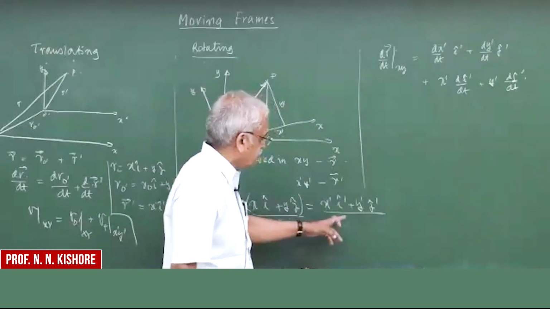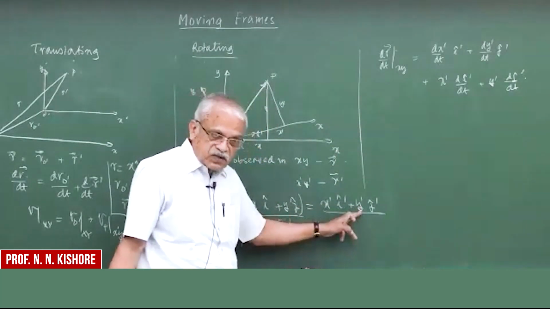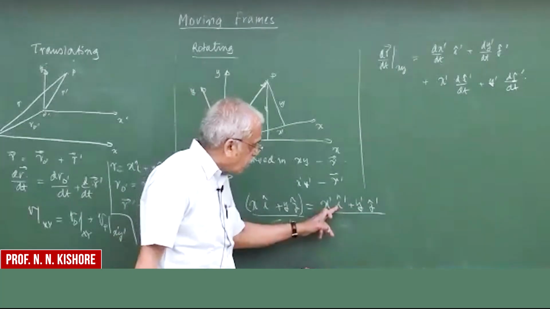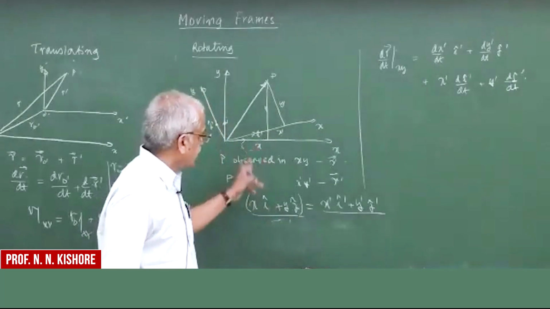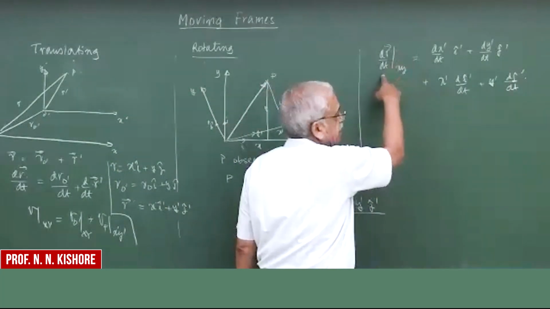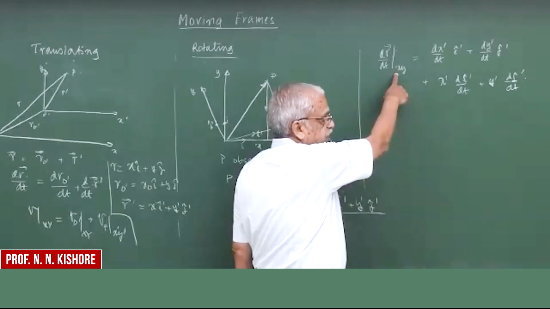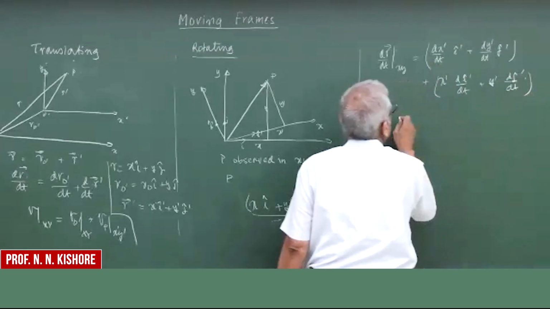Okay. Since the frame is rotating, these X prime and Y prime are functions of time as such, while I prime, J prime are also functions of time with respect to XY. So these time derivatives as observed in the fixed frame are related to these two.